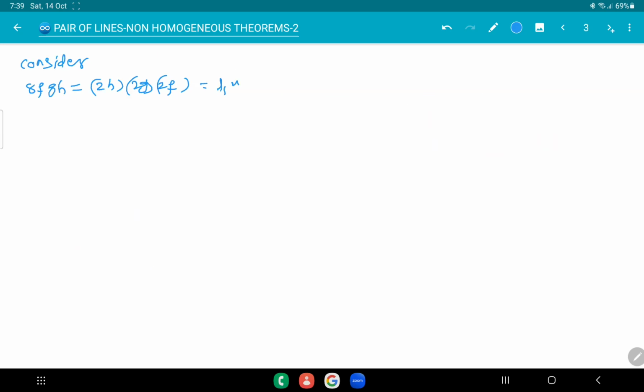So that is equal to L1 M2 plus L2 M1. What is 2g? 2g is equal to L1 N2 plus L2 N1. Next one is 2f. 2f is equal to M1 N2 plus M2 N1. This is easy, but laborious work.